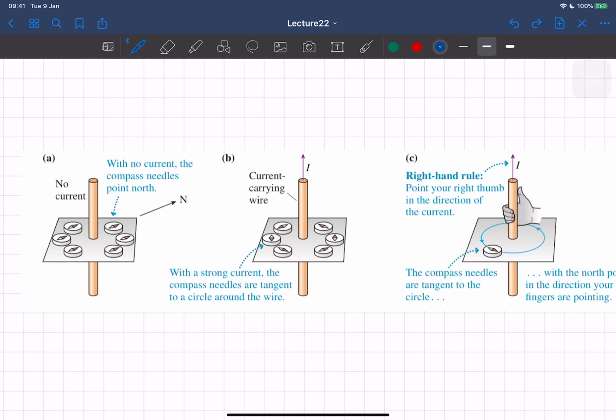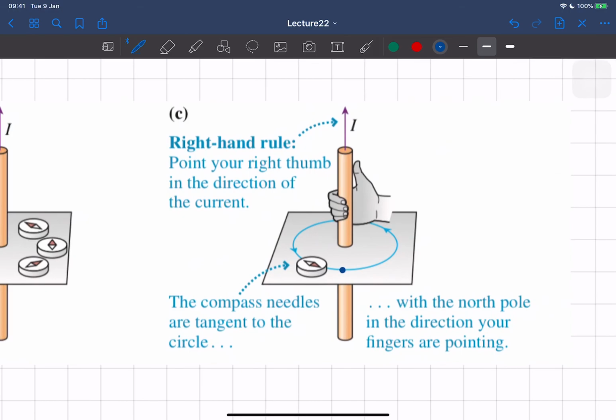So this is what we mean by the magnetic field going around in a circle. It doesn't mean that the vector itself is a curved vector. It's just that if you look at this point here, the magnetic field points in this direction.